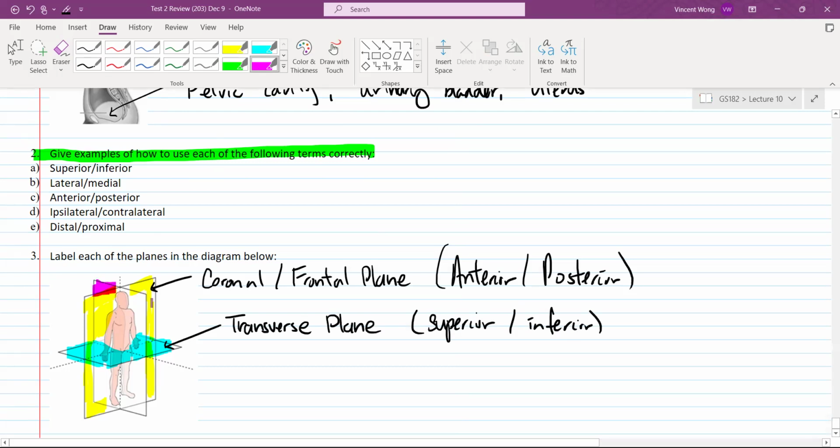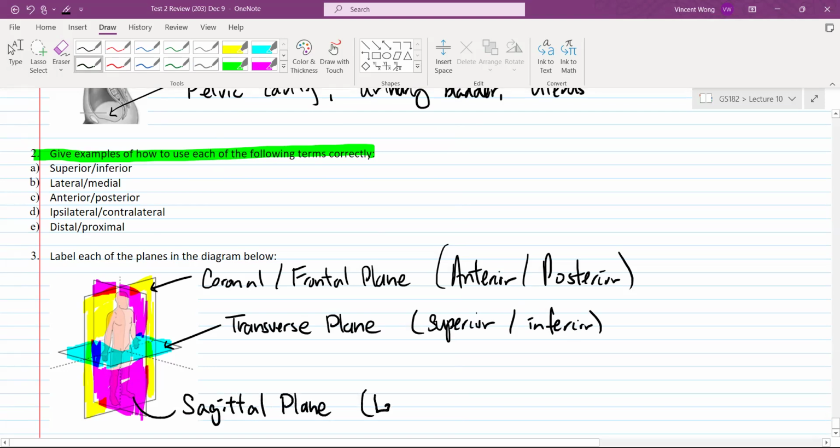And then finally, we have this one that cuts it into left and right. That is the sagittal plane. Left and right.